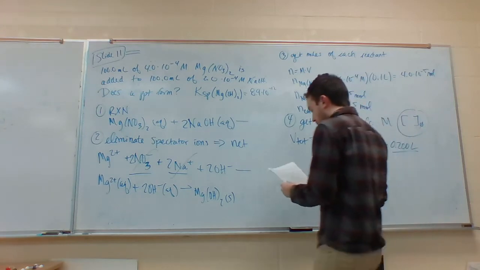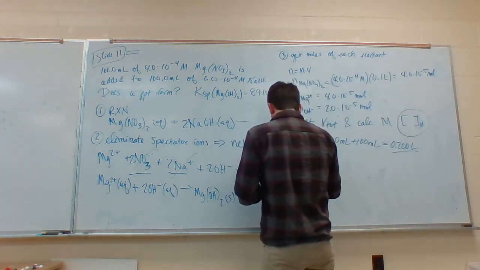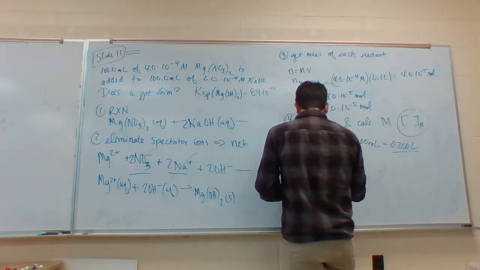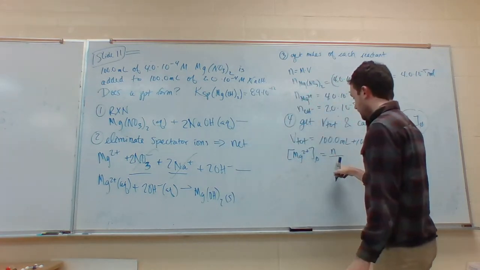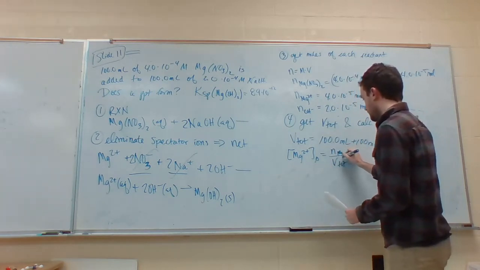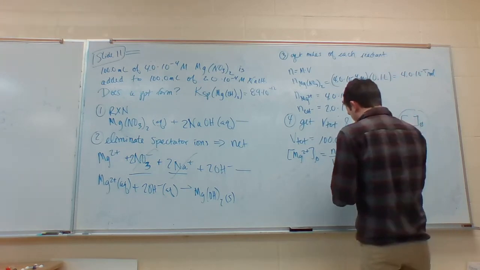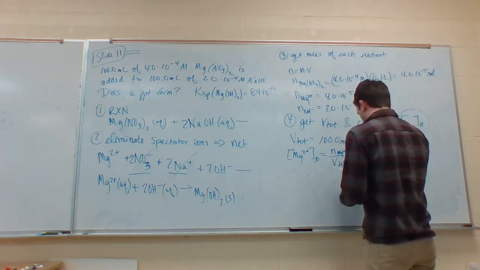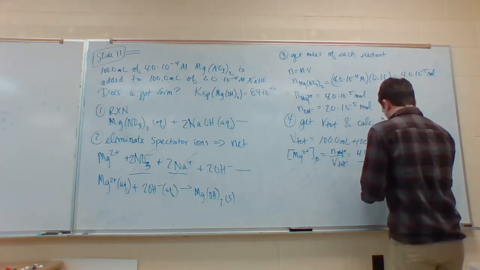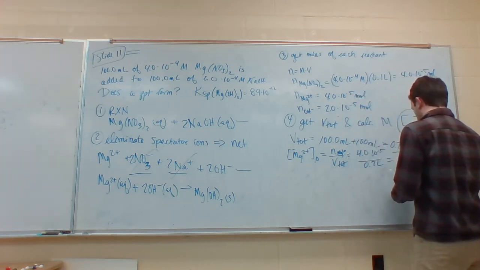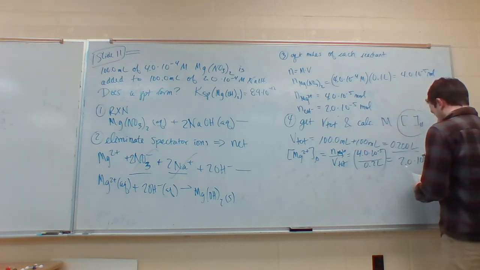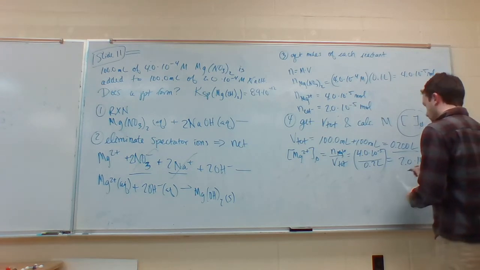With that new volume, I can get my initial concentration of Mg2+ by taking my number of moles and dividing that by my total volume. Here, it will be 4.0 times 10 to the negative 5th divided by 0.2 liters, which will equal 2.0 times 10 to the negative 5th molar.